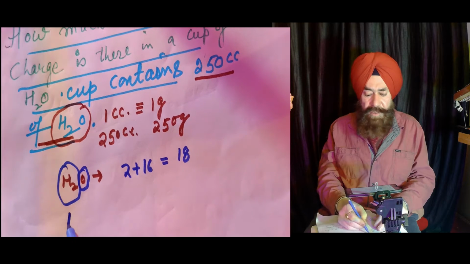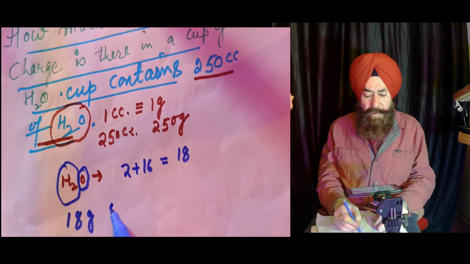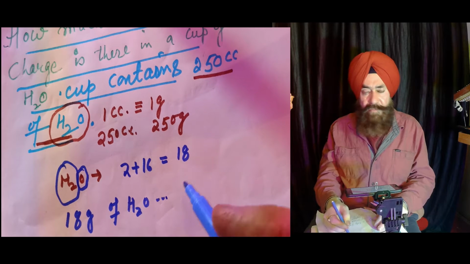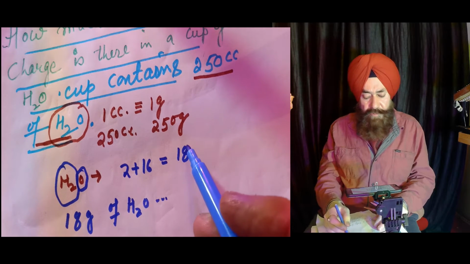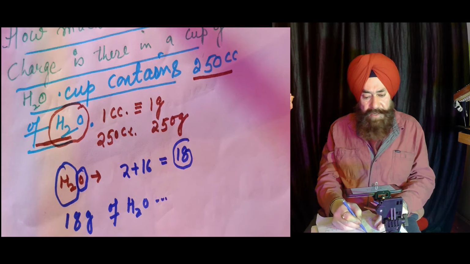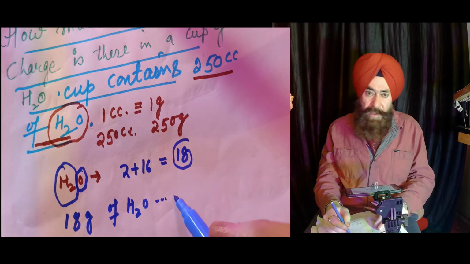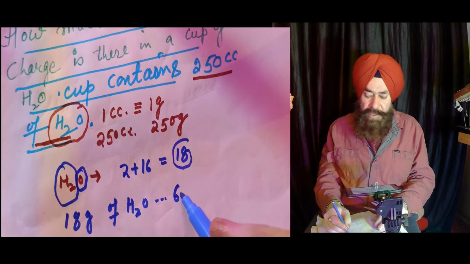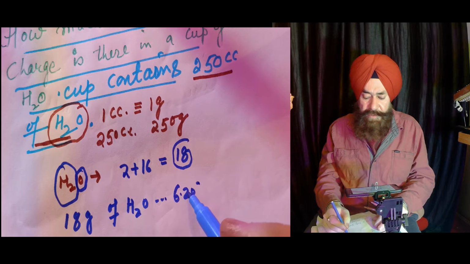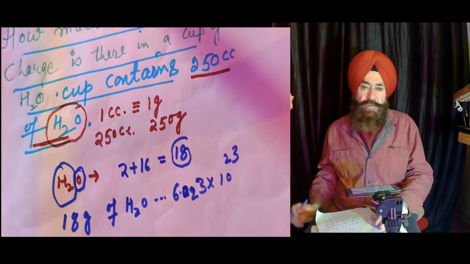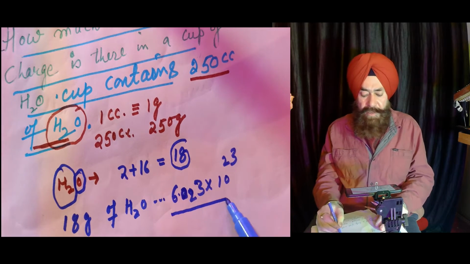So if I take 18 grams of water, how many molecules will it contain? Whatever the molecular weight in grams, the number of molecules equals the Avogadro number, 6.023 into 10 raised to power 23, the number of molecules in 18 grams.